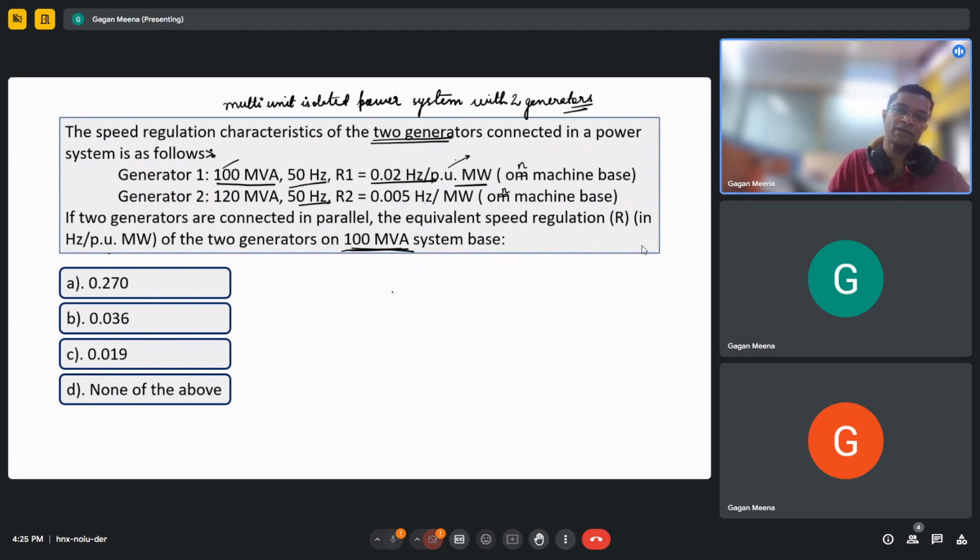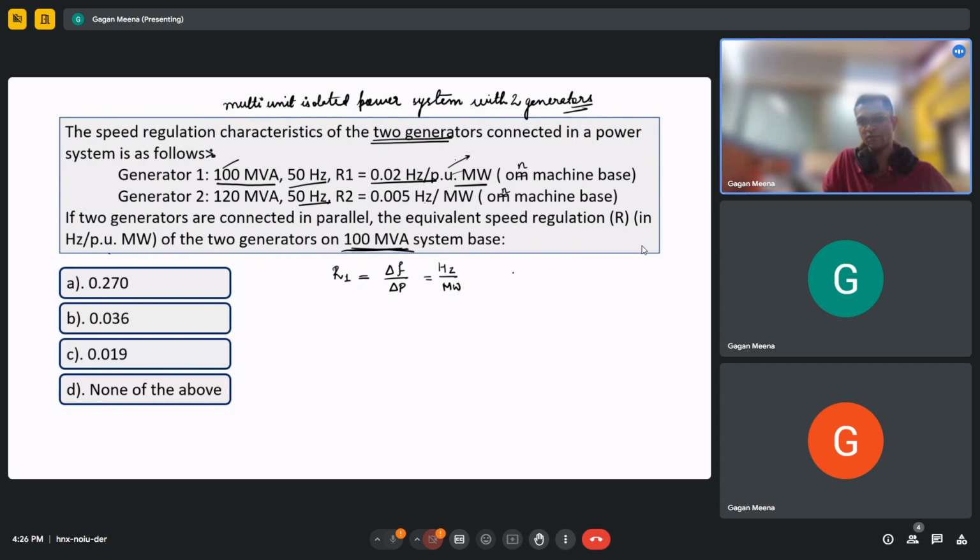So to make it easier, let us find out the actual value for generator 1 first. It is similar to what we did in the previous question, because we know that R is delta F by delta P, that is why it is in hertz per megawatt. Now, this is the actual value, and if we want to convert it to per unit, what are we going to do?